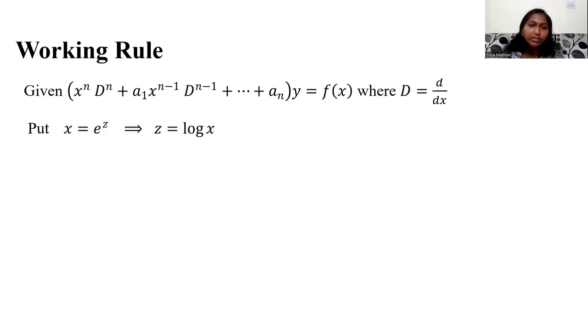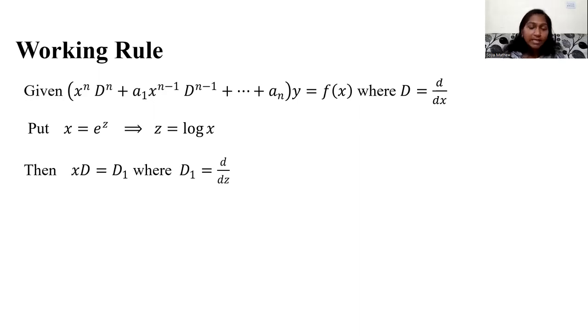the Cauchy-Euler differential equation. We will go for a substitution method to solve this problem. x is equal to e raised to z is taken as the substitution, and if x is e^z, then z can be written as log x.